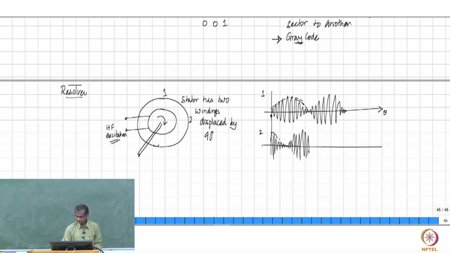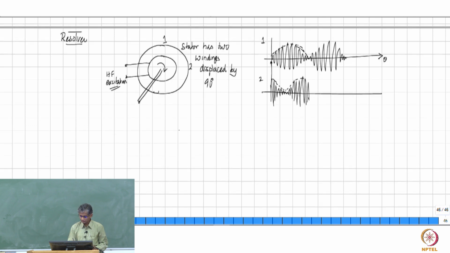So this has a sinusoidal envelope, that also has a sinusoidal envelope, and you can then have these two signals that are going to come from 1 and 2, and you send it through an envelope detector, this also through an envelope detector, that is an electronic circuit.